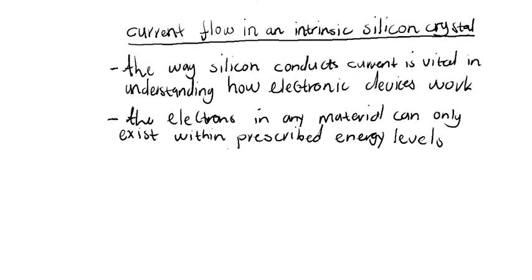Okay, moving on. The electrons in any material, as I've already said, can only exist within prescribed energy levels. So these energy levels are visualized to be the shells themselves. An electron can only exist in an energy level that can hold the amount of energy it contains.